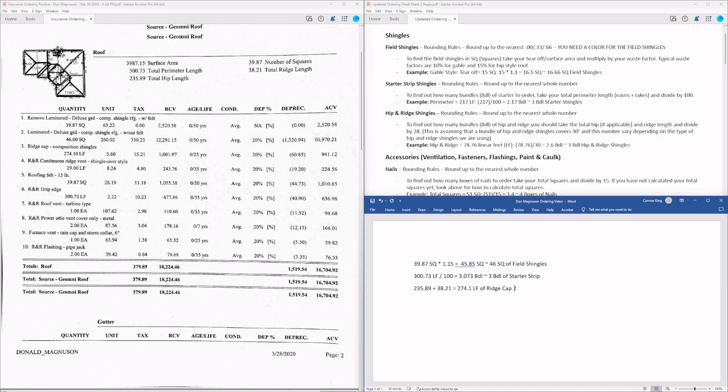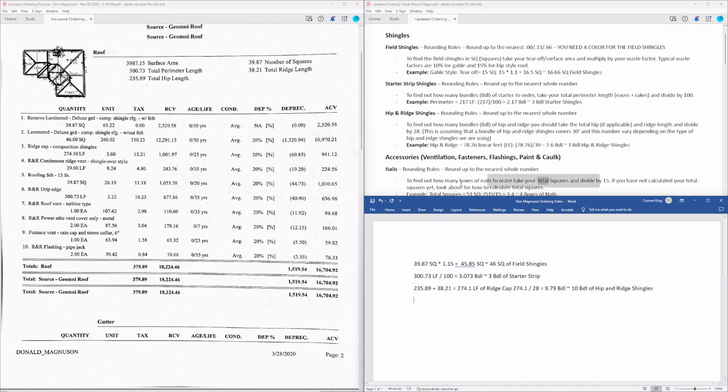So we're going to take our 274, divide by 28, and that's going to get us 9.79 bundles. And if we notice the rounding rules on this, it says round up to the nearest whole number. So we're going to do 10 bundles of hip and ridge shingles.